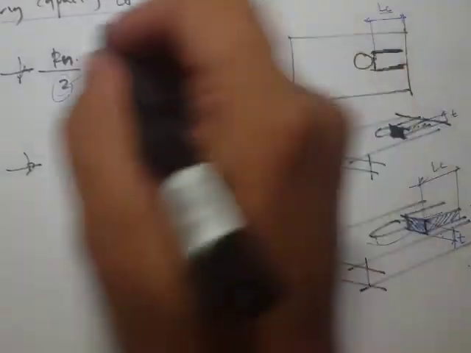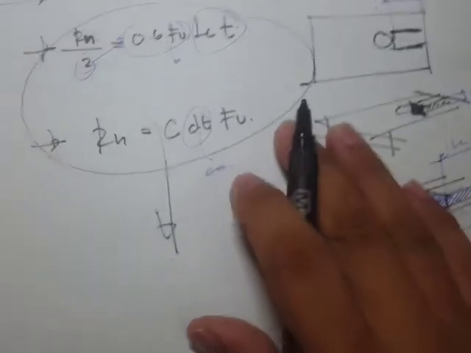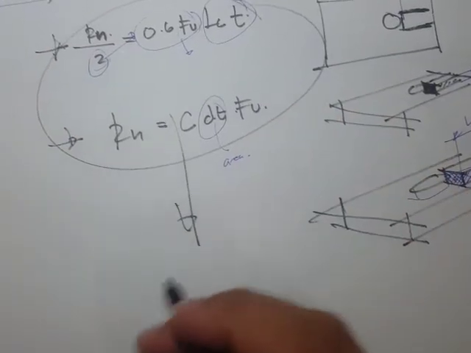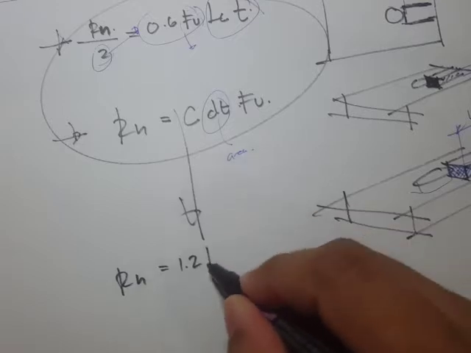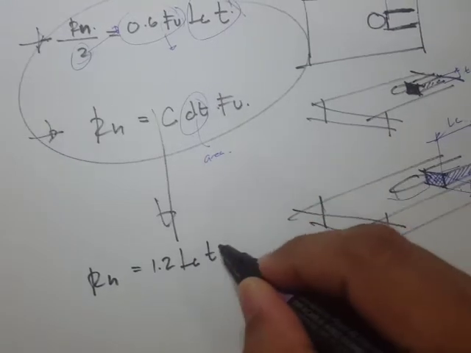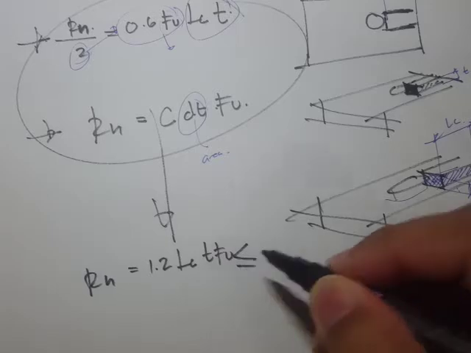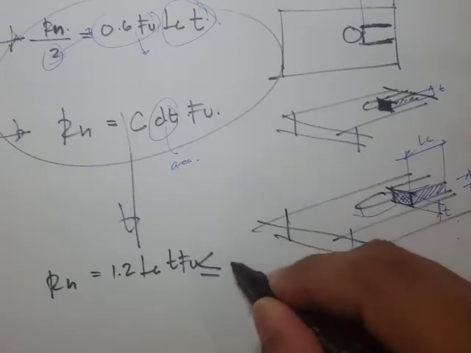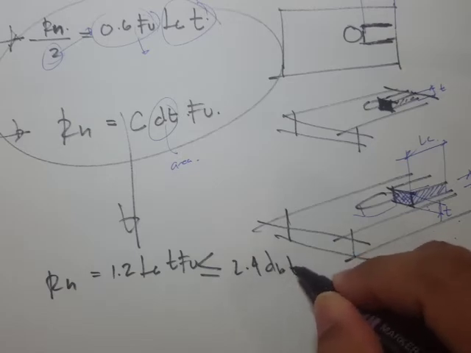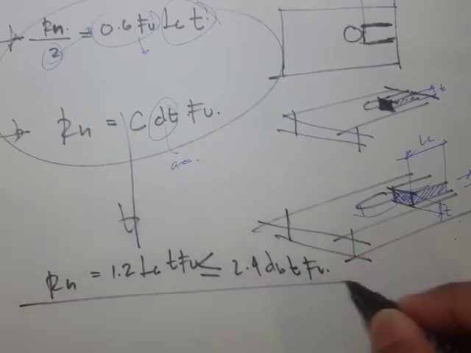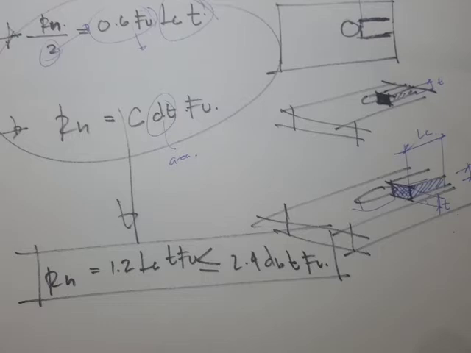Now, they're actually combining this, and finally we have this given equation: 1.2 L sub C D Fu must be less than or equal to 2.4 the bolt diameter times D times Fu. So this is now the equation.